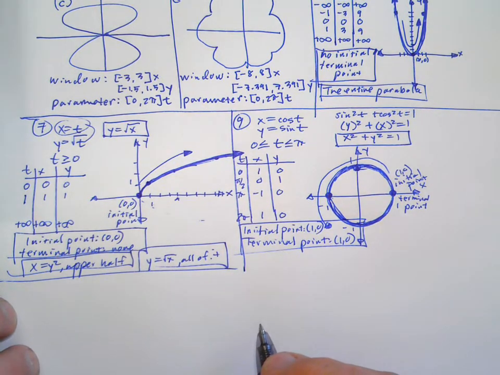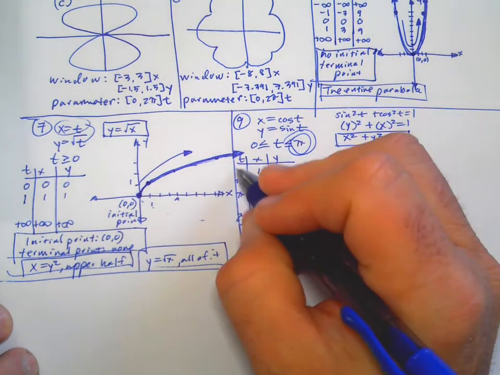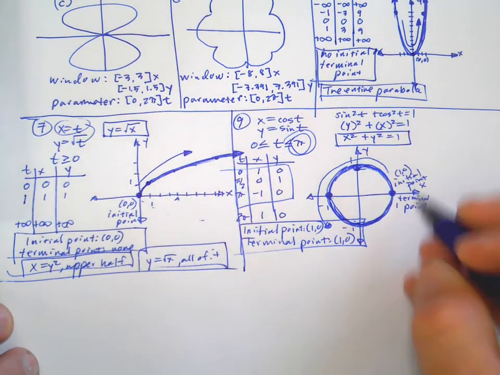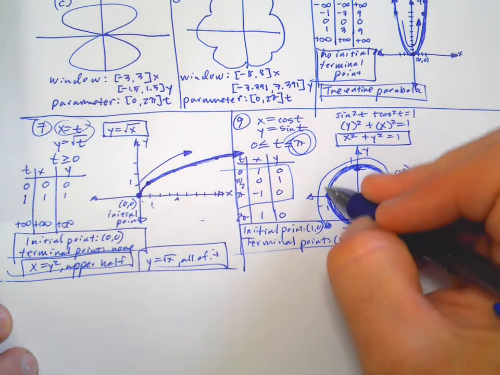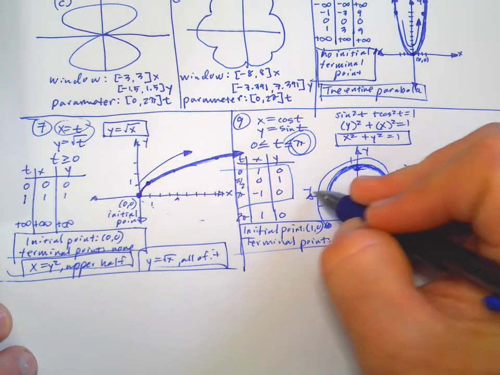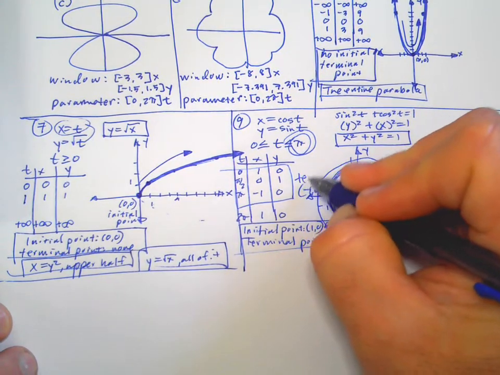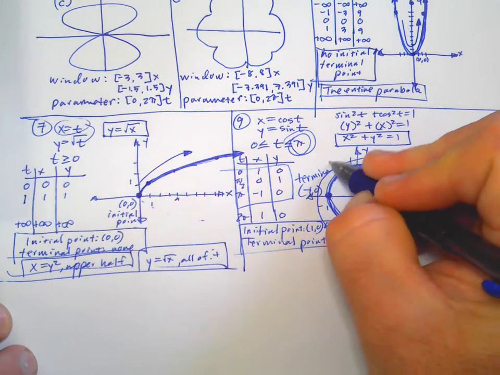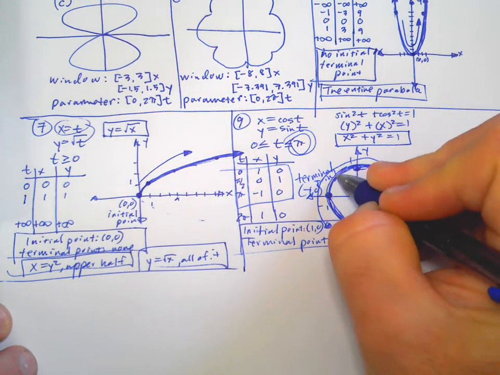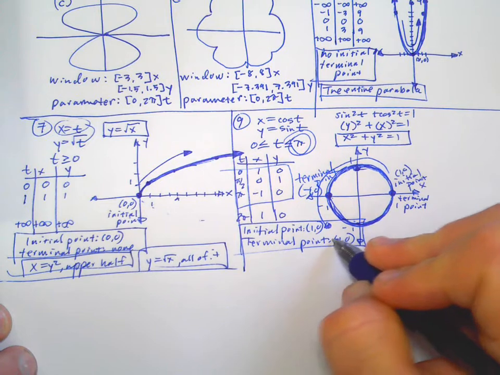Did I write the problem down? Oh, it's pi. Ooh. So we actually don't get to here. The terminal point is at pi, which is over here at negative 1, 0. That's the terminal point. So terminal point is negative 1, 0.